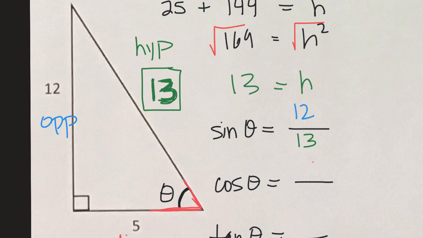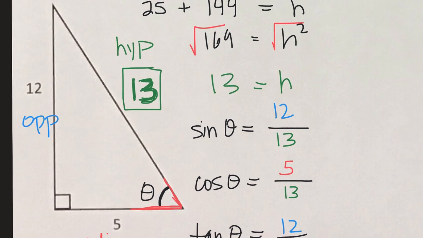Okay, the cosine: the adjacent side is 5 and the hypotenuse is 13, so the cosine is 5 over 13, right? It's just a ratio, a comparison of two sides. And the tangent is the opposite side 12 over the adjacent side 5, so the tangent is 12 over 5. Okay, ratios of opposites and adjacents and hypotenuses.